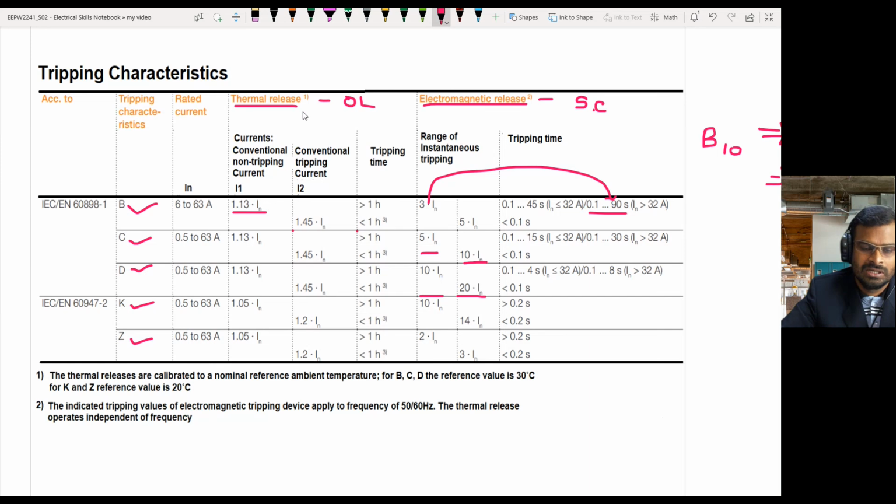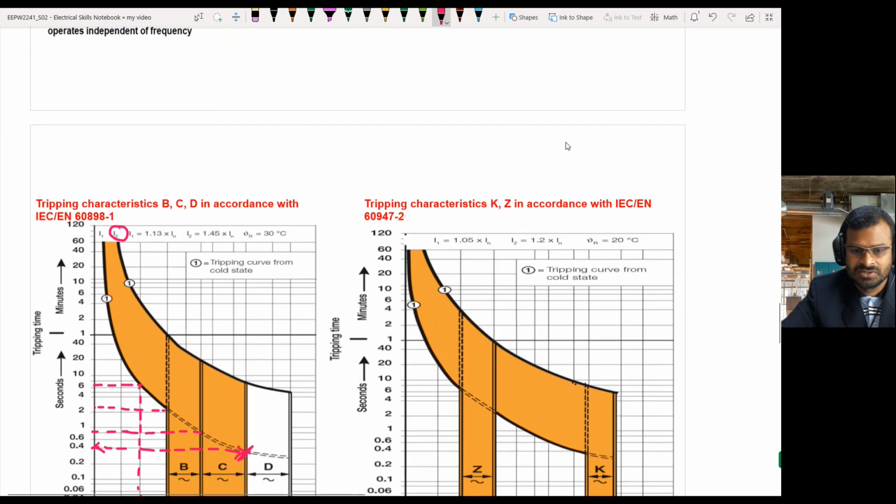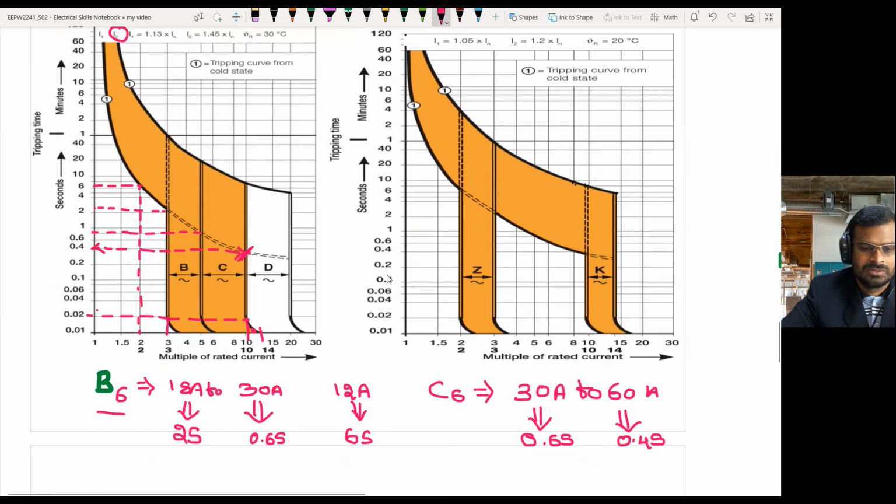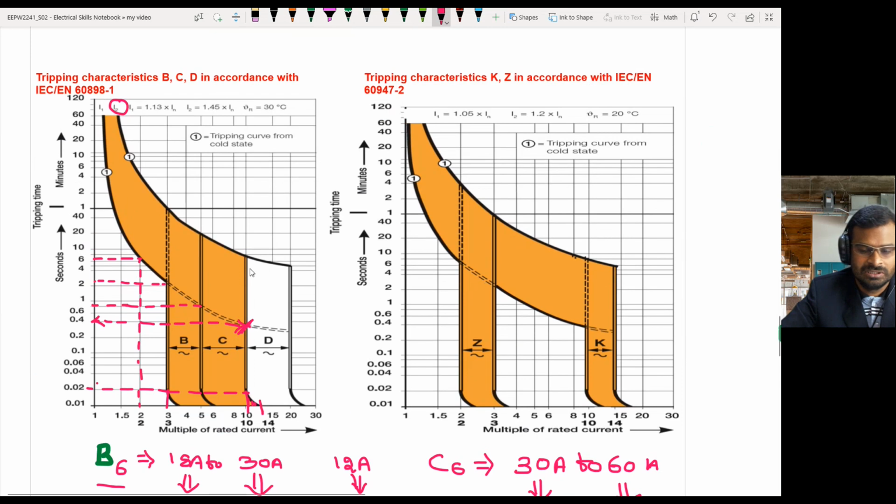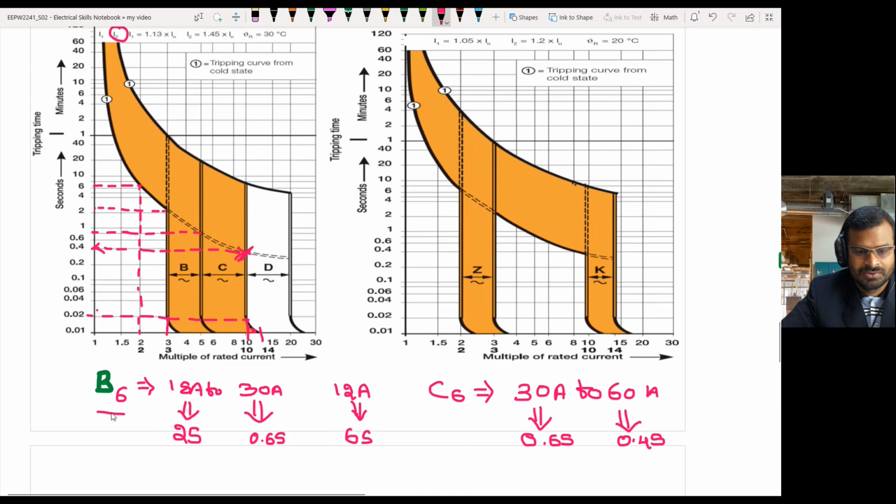Also we have seen from where to where the overload mechanism works and where the short circuit mechanism functions, and we have seen some trip curves as well for the different types of MCBs. We have taken some values to compare. For B6 and C6 we have taken some values, and we have seen how much time it takes for tripping with respect to this trip curve for this particular value of MCB.